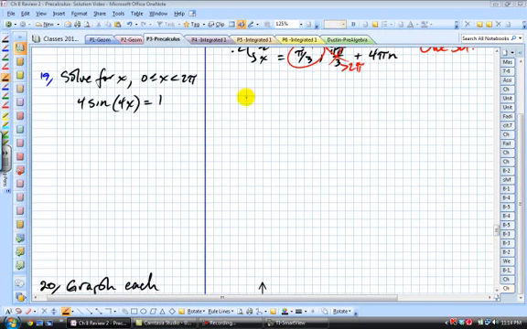Okay, now this one's a good example of when a calculator is needed. So here you have 4 sine of 4x equals 1. That means that sine of 4x is equal to 1/4, and this is not on the special right triangles. So this is calculator required.